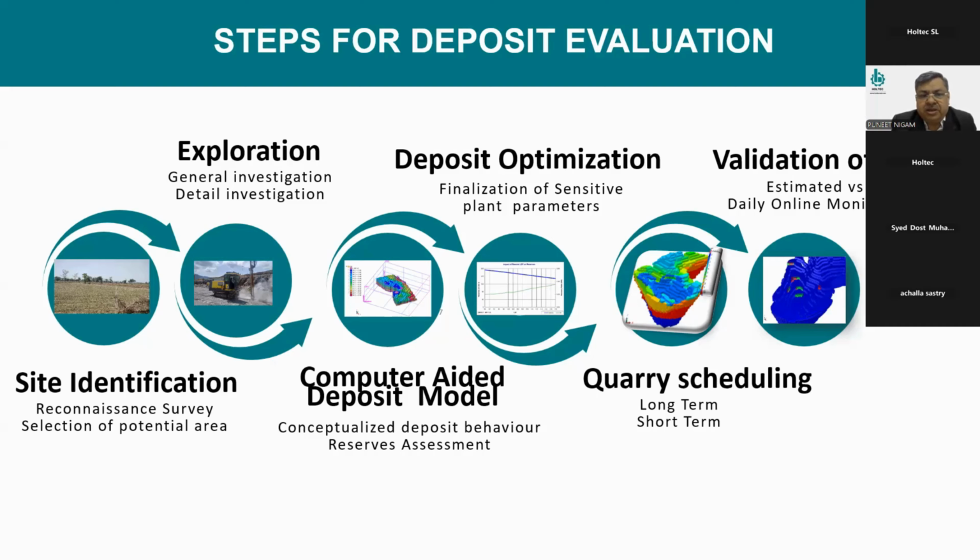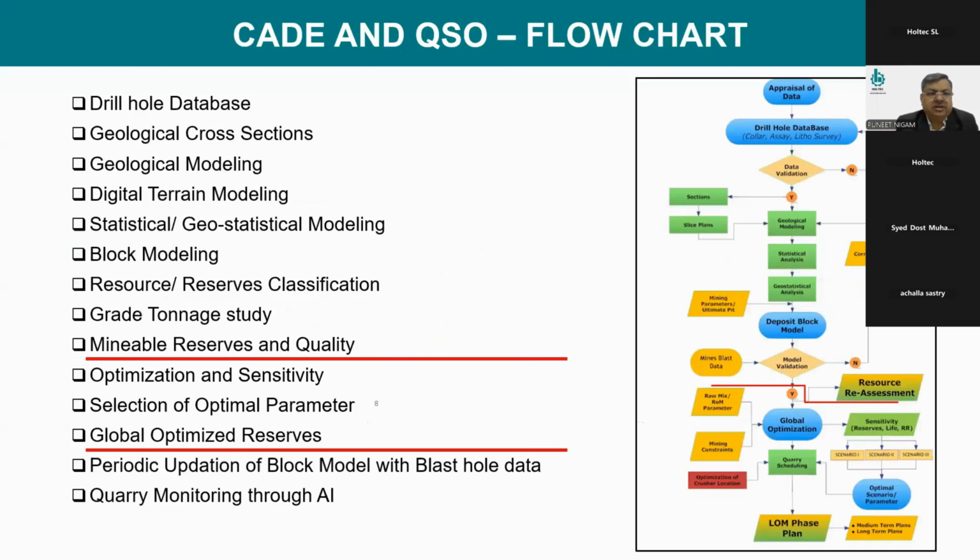So we compare these two data, and then we predict, okay, this has to be modified as per the model. And after that, the next process is the daily online monitoring, which we can do through AI, which I will discuss later in the next slides.